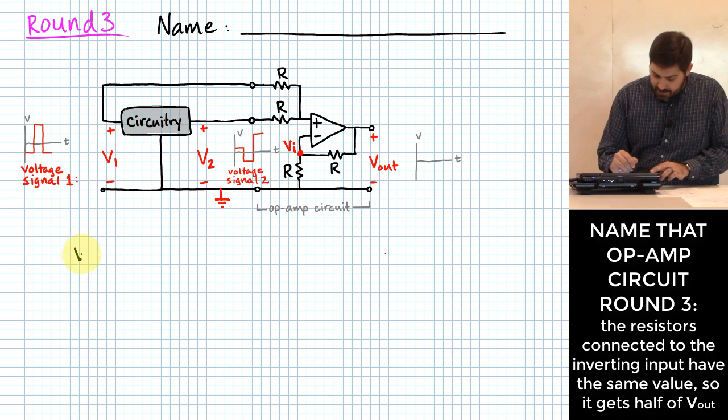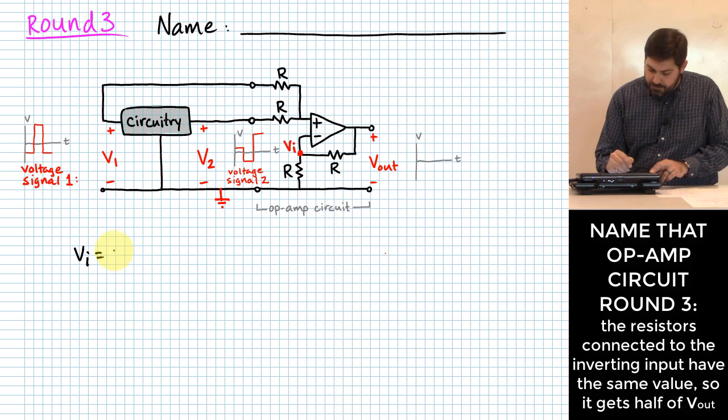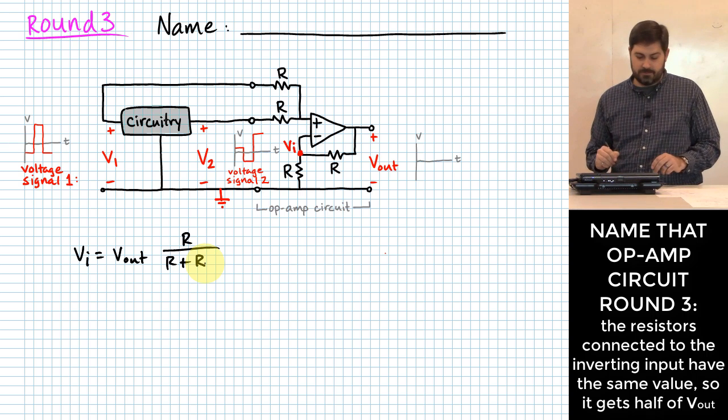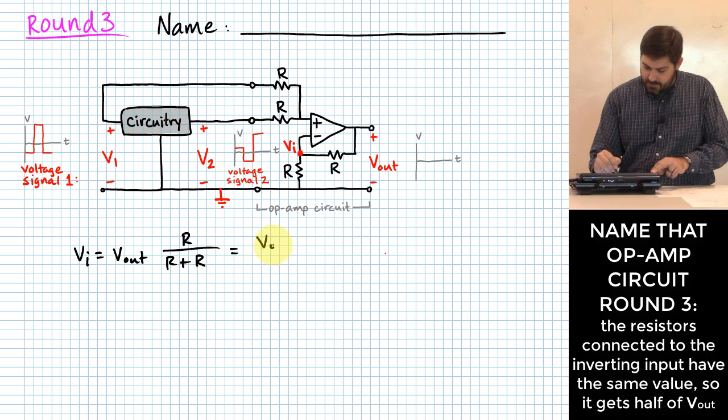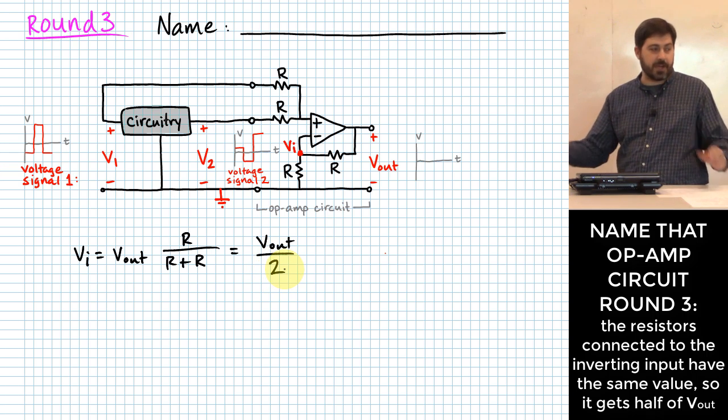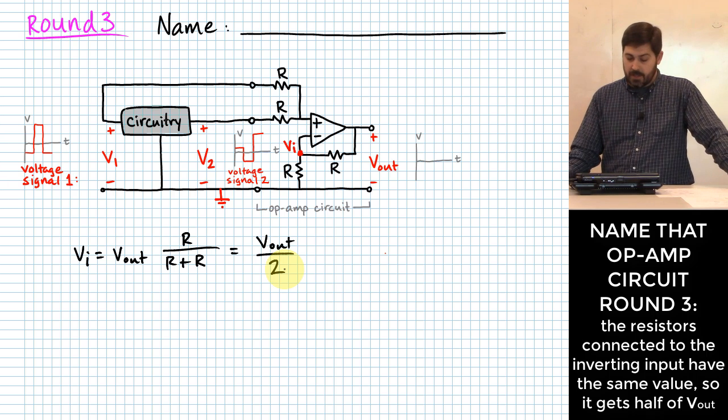So VI is going to be equal to V out. What does voltage division say VI is going to be? V out times R over R plus R. Or what is that? V out over 2. And some of you probably saw that right from the beginning, but that's where it comes from, is the fact you can do voltage division right there. Okay, so that's V out over 2.